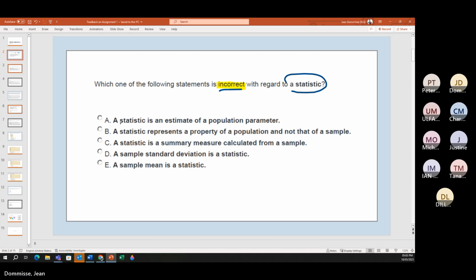So let's look at what goes with a statistic, and then obviously the one that is incorrect. When I see a statistic, I nearly always say, well, if I have a statistic, I have something to do with a sample. So let's see, a statistic is an estimate of a population parameter.